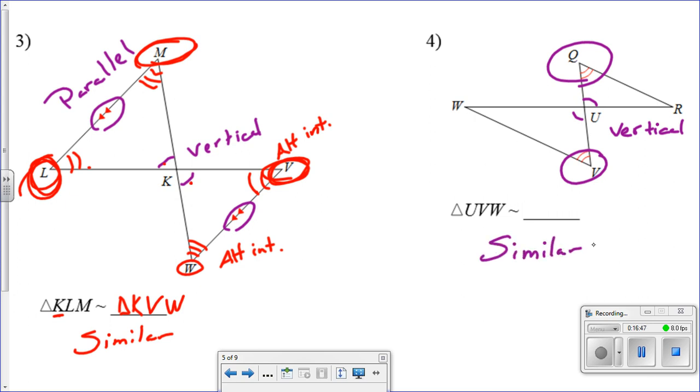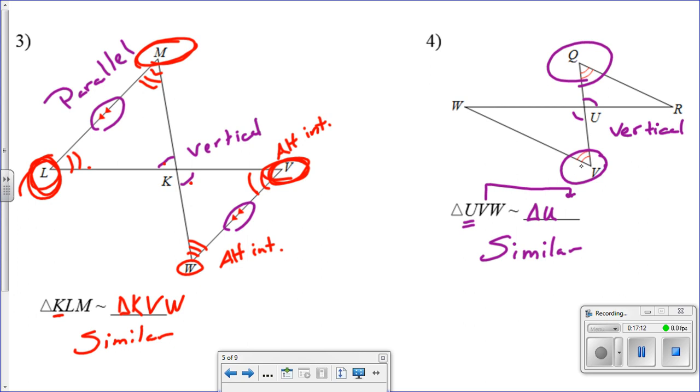We have to follow the same order. So if U is first here, on the other triangle, U is going to be first. So we're going to go triangle U. So you got to make the triangle symbol and then put the U. Now what corresponds with the V? Let's look. Angle V right here corresponds with angle Q. Look at the symbols.